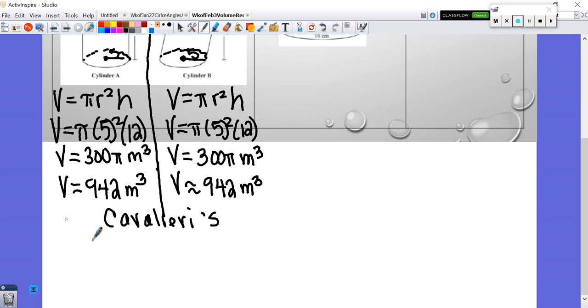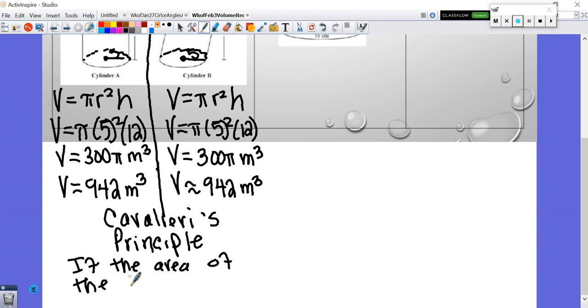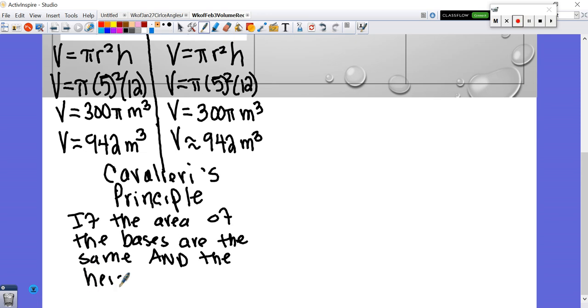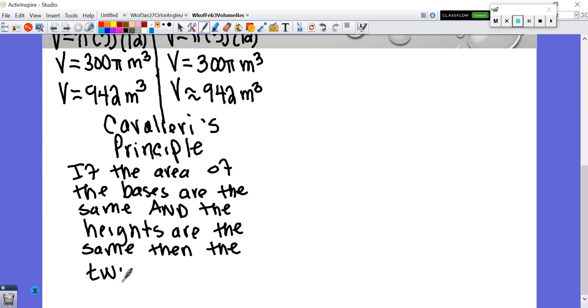That is Cavalieri's principle. So it means, and you might want to write this down in your notes, if the area of the bases are the same and the heights are the same, then the two containers will have the same volume.